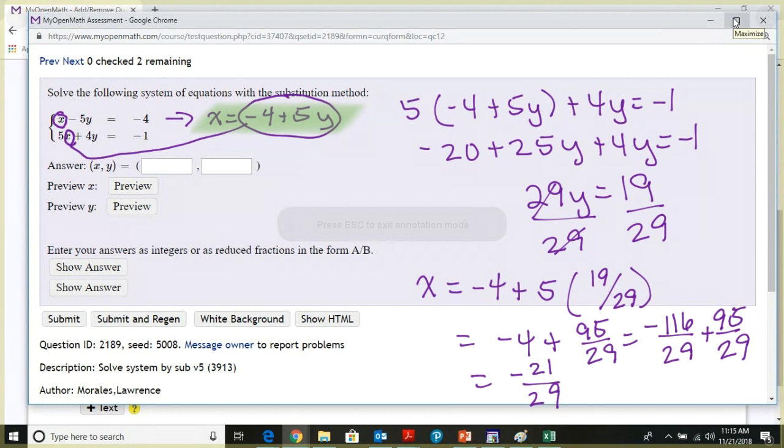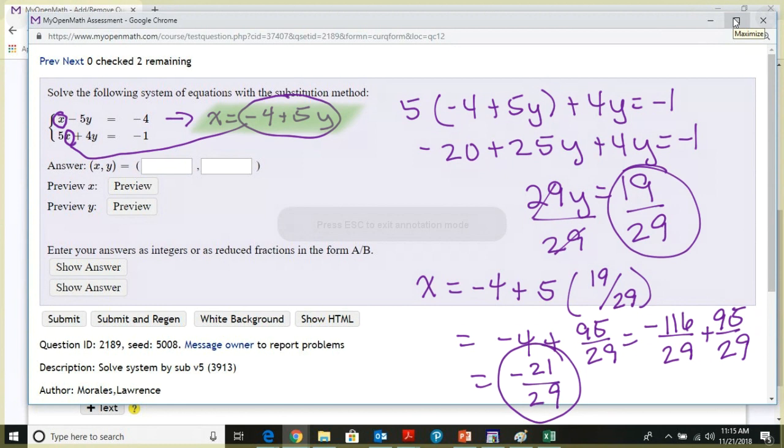So 5 times -4 is -20. 5 times 5 is 25. And then plus 4y. Okay, so I wrote it correctly. So here's my answer. Again, it's not the prettiest, but you could always plug it in and make sure. So like 5 times -21 over 29 plus 4 times 19 over 29 is equal to -1.